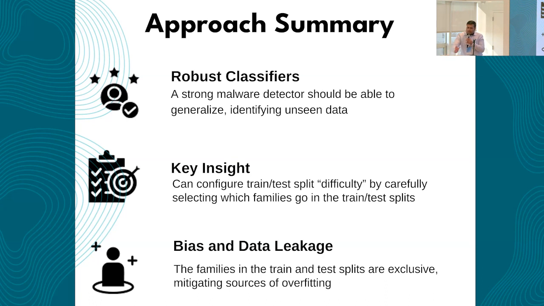Our training set and testing set in our splits will not share samples belonging to the same malware family. And we will also make sure that the data sets we create are of varying difficulty levels so that we can evaluate the performance of the classifiers in a better way.